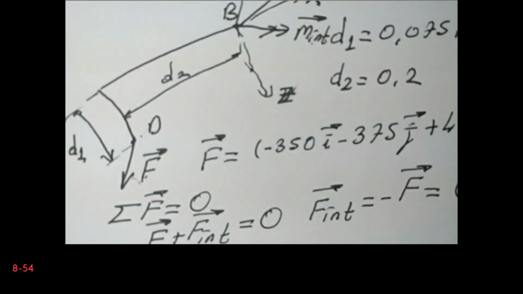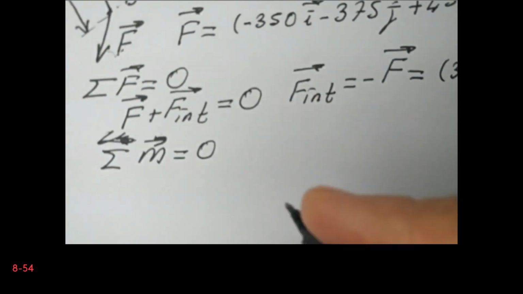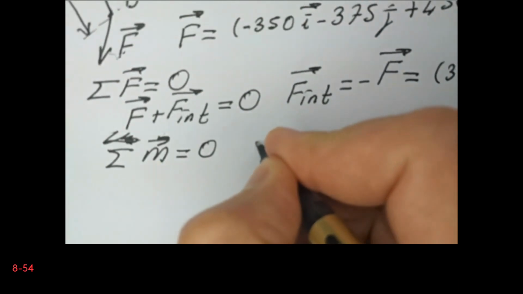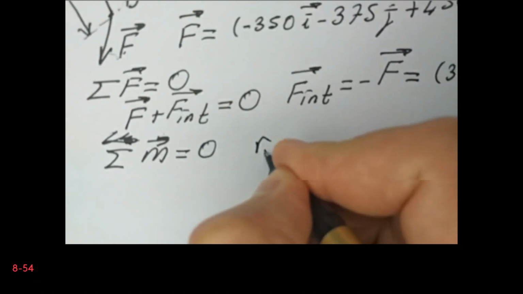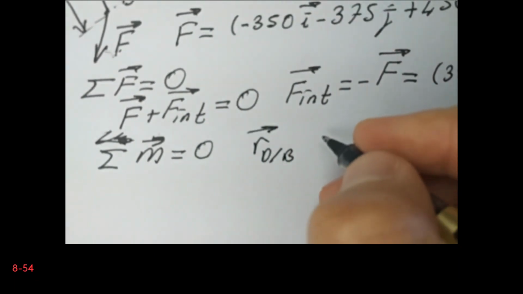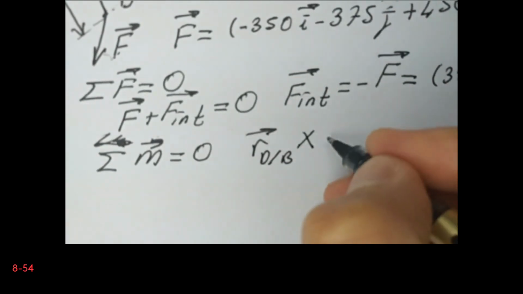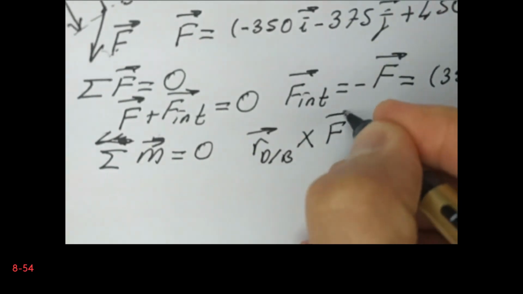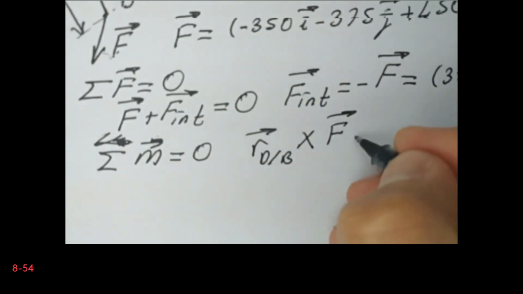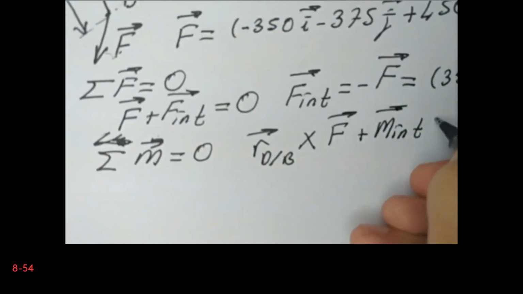So this is R_DB, the position vector of B with respect to D, vector product F, plus the internal moment.